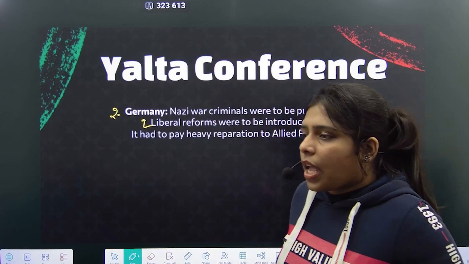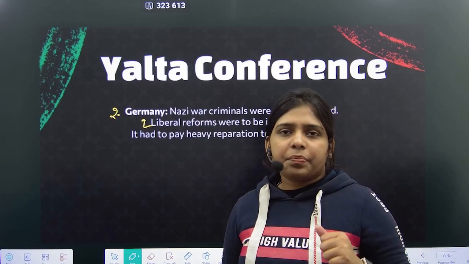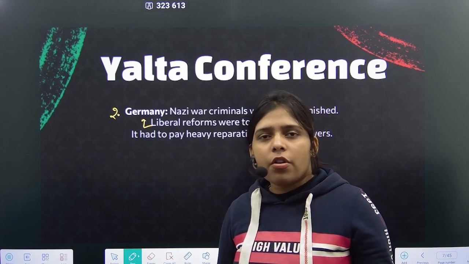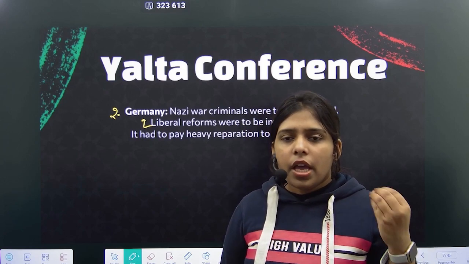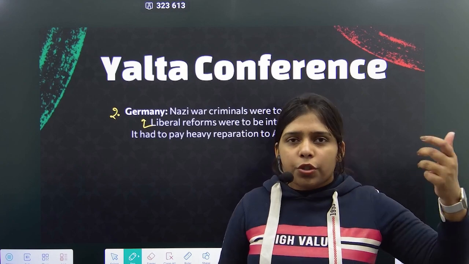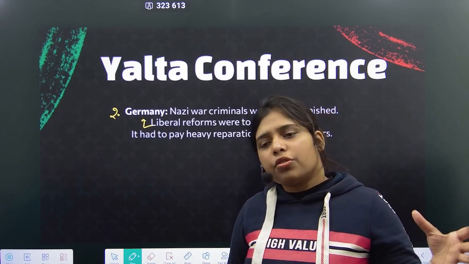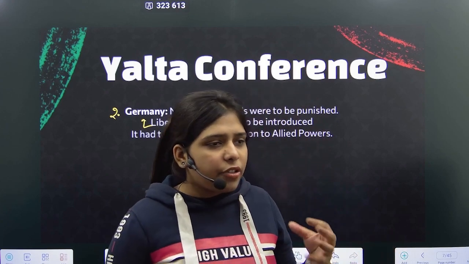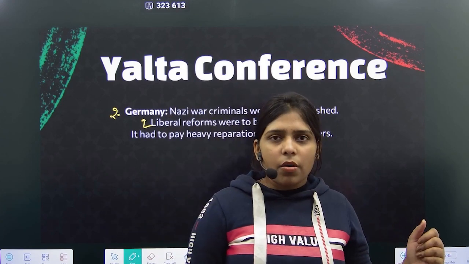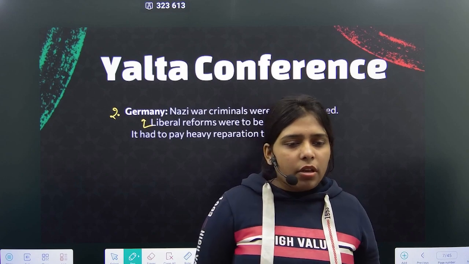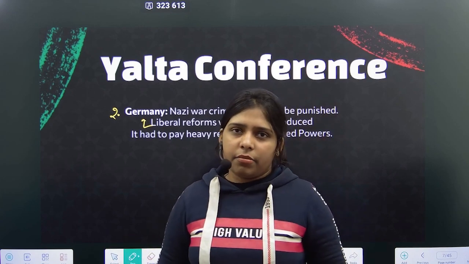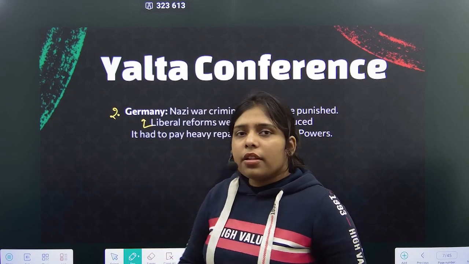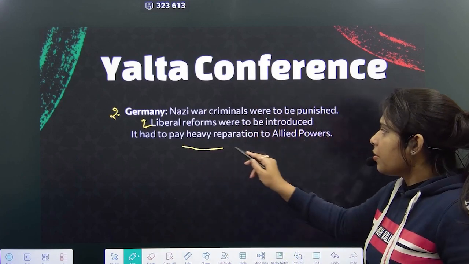See, you will see that after the division of the 4 zones of Germany, the 3 zones of the UK, US and France, they tried to recuperate the economy of Germany. They tried to restore the economy, and they tried to make Germany a livable place for that time. But they were the ones who brought Germany to this stage. Heavy reparation.